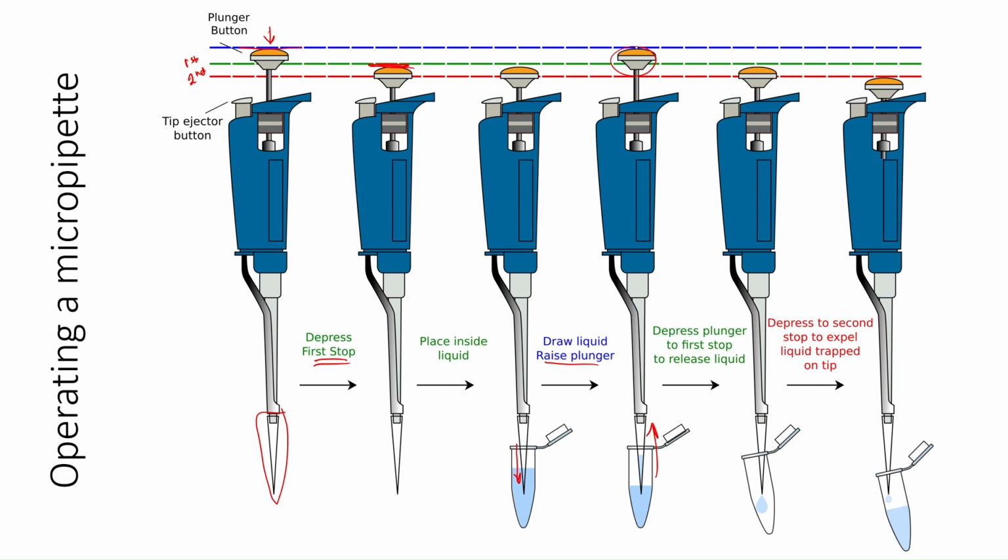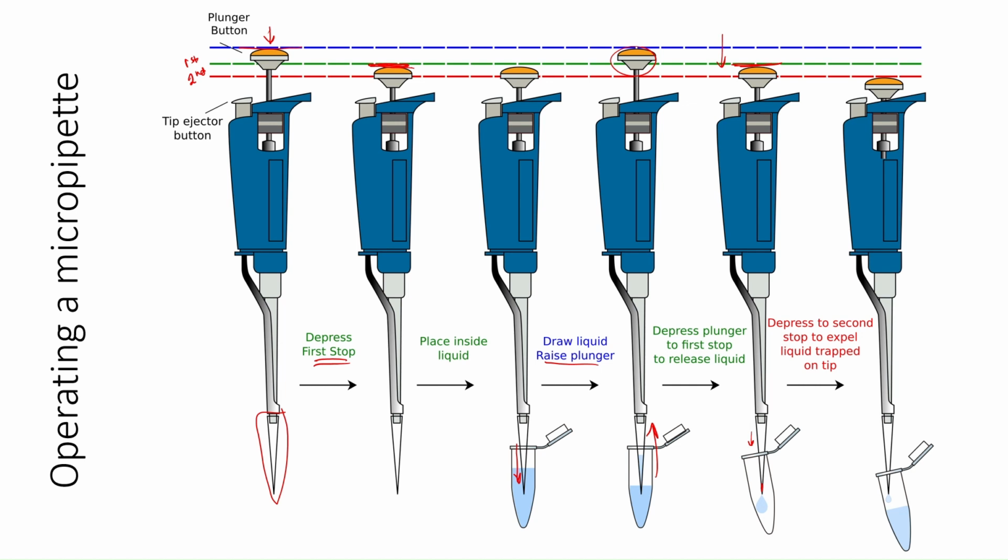So that being said, now we want to release that liquid into a new container. So once we put the tip into the new container, you can start depressing the plunger down to the first stop, and that will release the liquid that you measured. Sometimes, after you've pushed down to the first stop, there will still be a little teeny tiny bit of liquid right in the end of the tip.